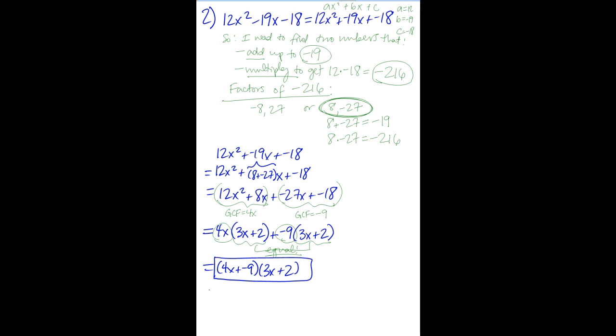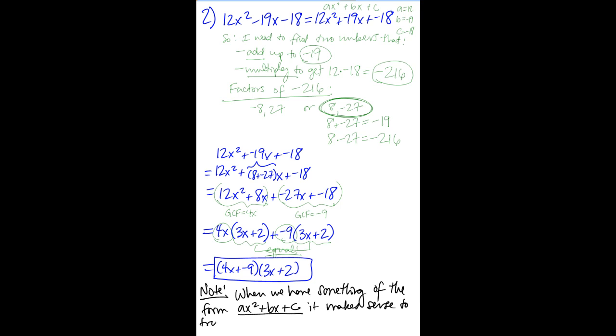So now that we've seen a couple of these examples, I want to summarize in a note here. We notice when we have something of the form ax squared plus bx plus c, or something that can be written in that form, it makes sense to try this method.